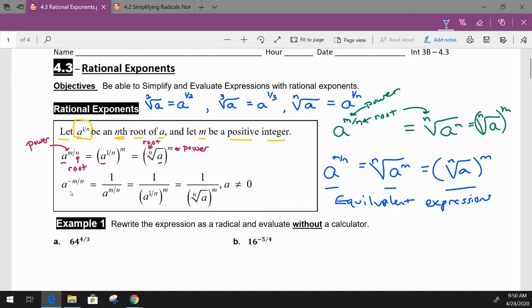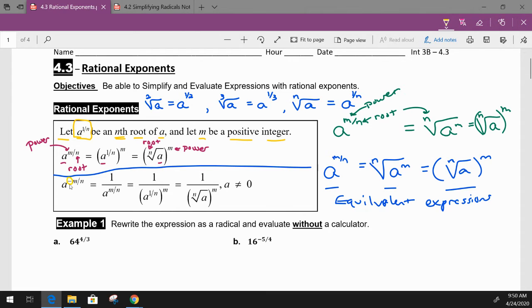All right. We have another example over here where you do have a negative exponent. So when you have a negative exponent, that does not mean a negative number. It means the reciprocal of, or 1 over, a to the m over n power.